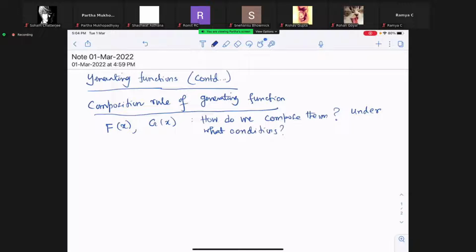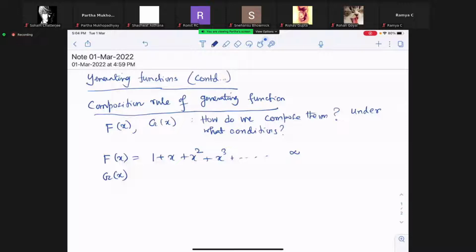We'll try to see these things through a few examples. Let's take a very simple example, f(x), our favorite example. This is a power series, and g(x) is some other generating function.